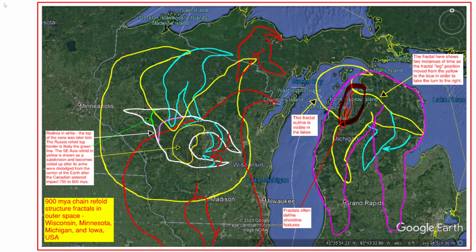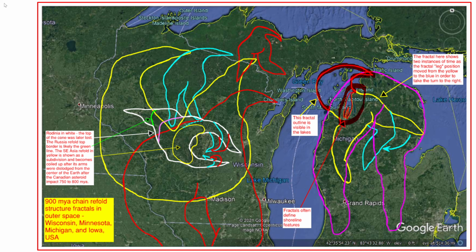Another thing, like I said before, sometimes where I'm highlighting the outline of a fractal is underwater, within the water. That's what happened in this case. So it's not like I drew that in there because I wanted to. You see that a lot.